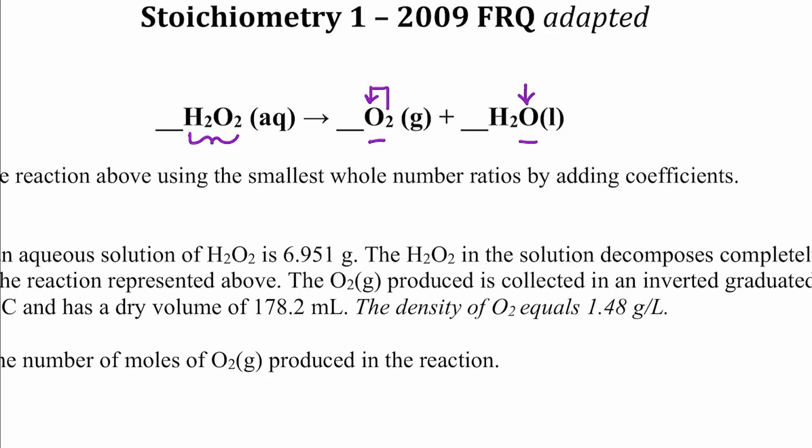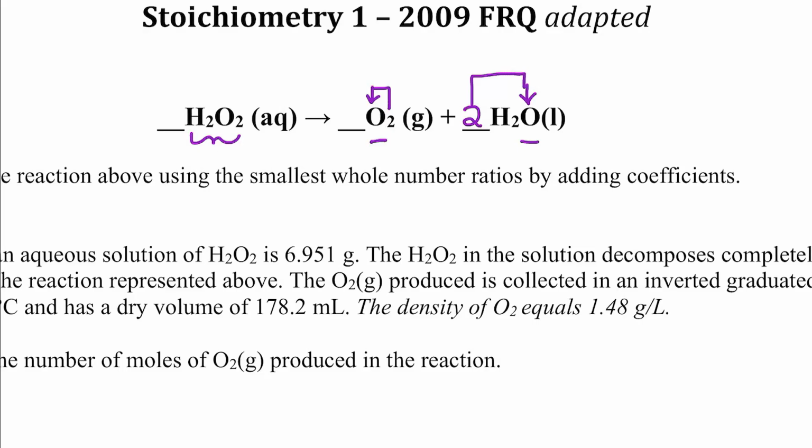So to fix this 3 and 2 scenario, and it's a puzzle, I'm going to put a 2 here. And what that does, party people, is give me 2 oxygens by distributing that, and I already have 2 on the O2 side, so I have a total of 4 oxygens.